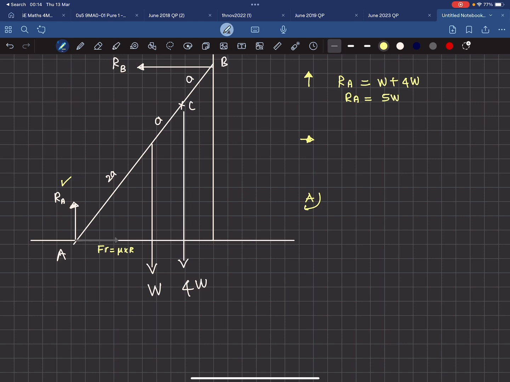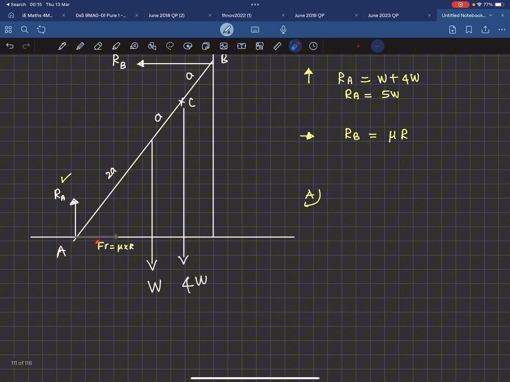Then I'm going to do right equals left. So left-hand side, I can see RB, and then right-hand side, I can see the friction. So I'm going to mark the friction as mu times R. Now, a lot of people can get confused at this point as well. The reaction is basically the reaction here, because at that point, the reaction is RA.